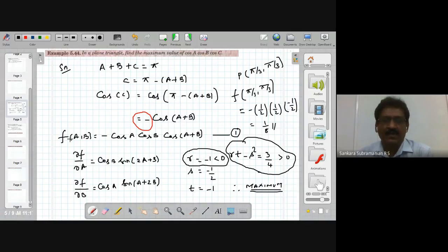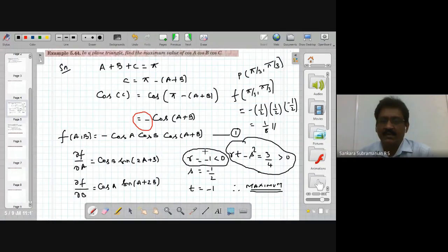After writing the function in terms of the angles A and B, we get minus cos A, cos B, and cos of C will be replaced with minus cos of A plus B, so that R becomes minus 1, S becomes minus 1 by 2, and T becomes minus 1. If we compute RT minus S square, we get 3 by 4, which is greater than 0.